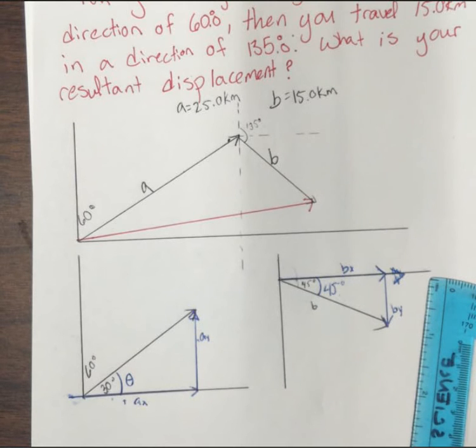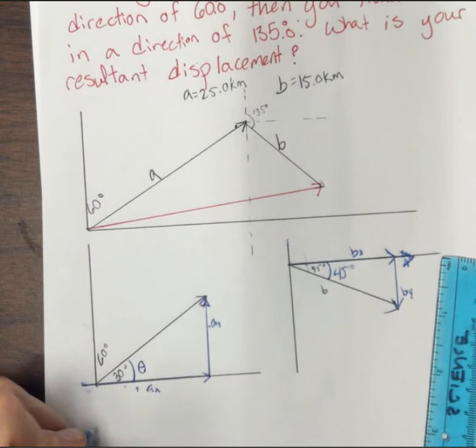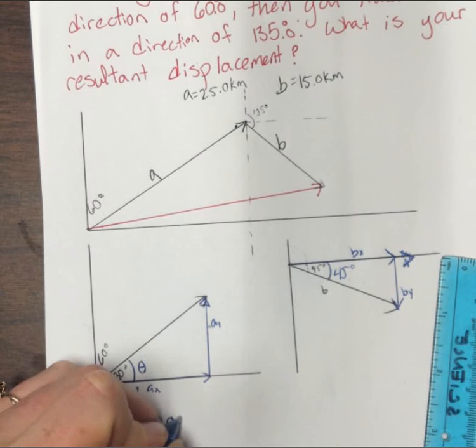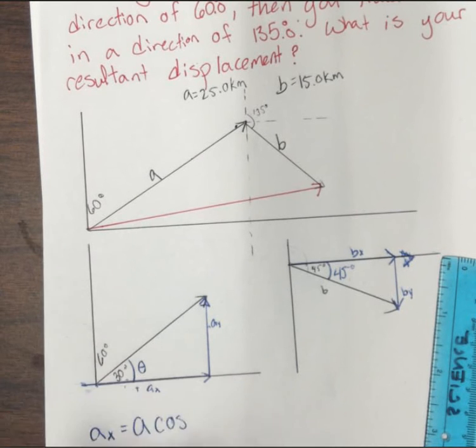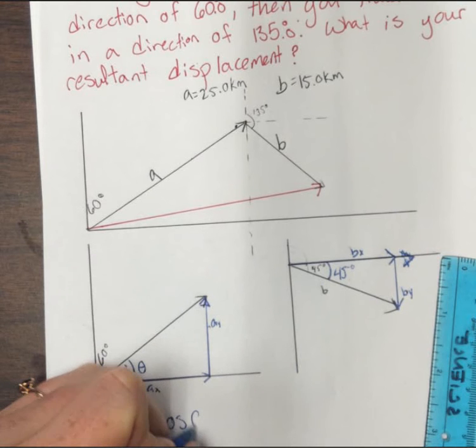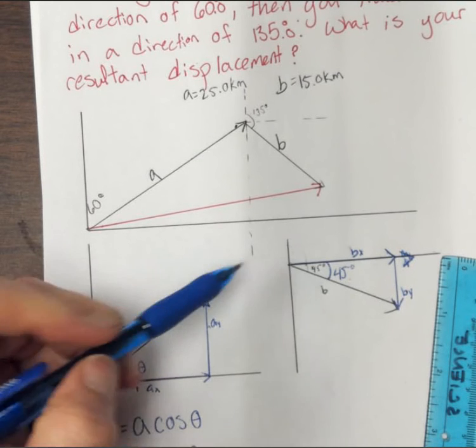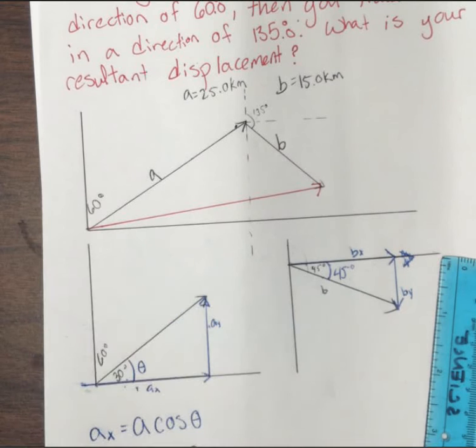Alright, so we could say that for the A vector, the x component is going to equal the A vector times the cosine of the angle created with the positive x-axis. For the B x component, that's going to be the B vector times the cosine of the angle that was made with the positive x-axis.